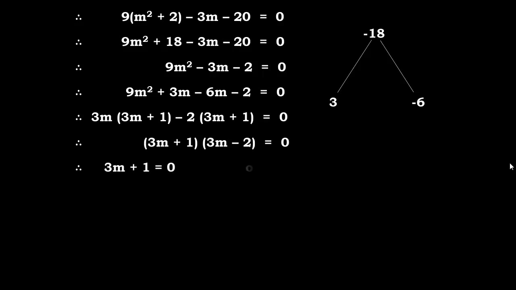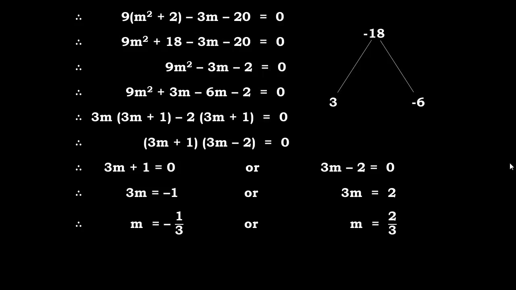Therefore 3m plus 1 is equal to 0 or 3m minus 2 is equal to 0. Therefore 3m is equal to minus 1 or 3m is equal to 2. Therefore, m is equal to minus 1 upon 3 or m is equal to 2 upon 3.